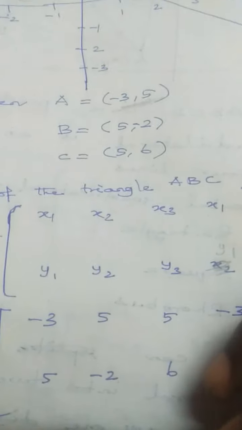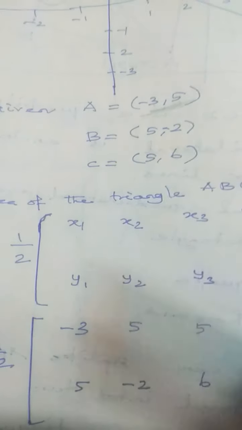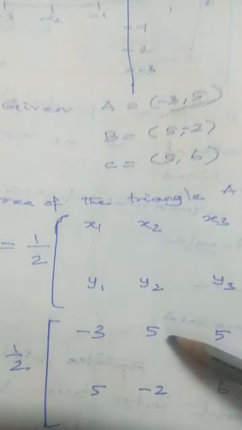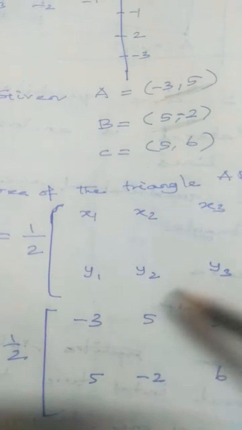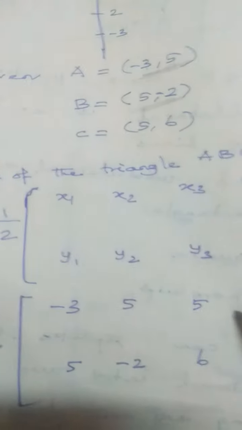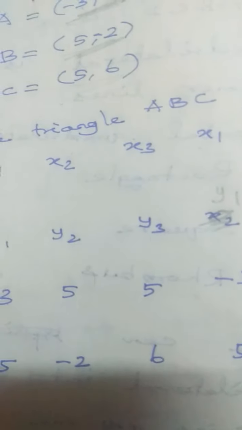Then take the next point and write it column-wise, and then the next point, 5, 6. Then again go to the first point, minus 3, 5.